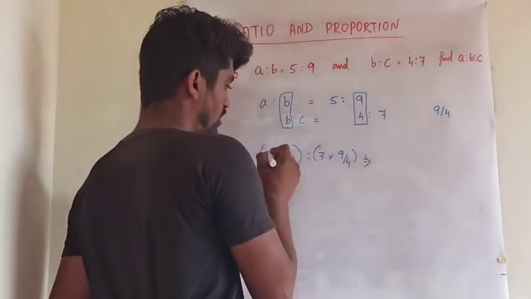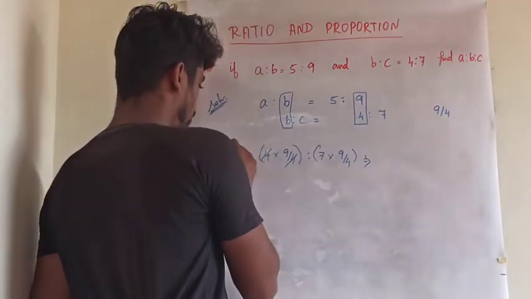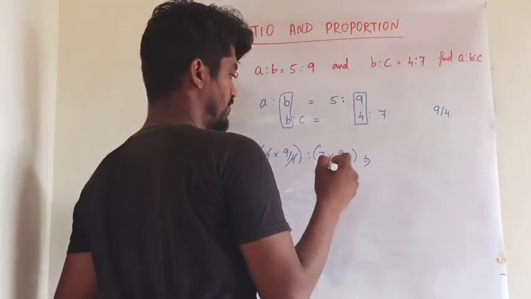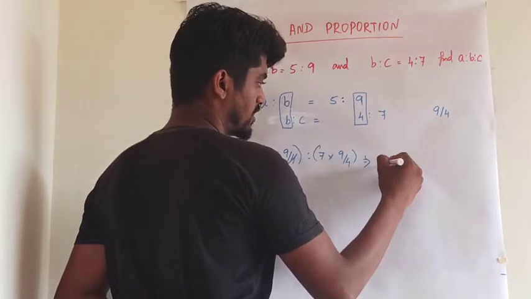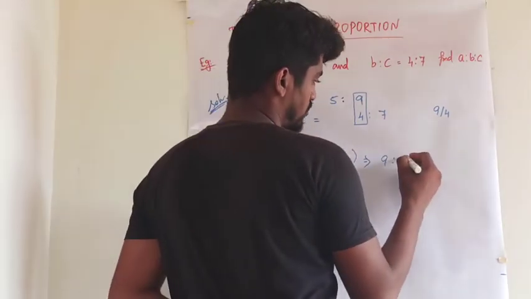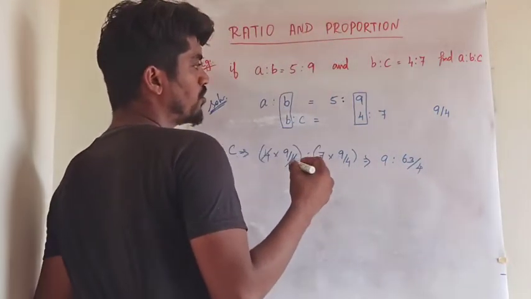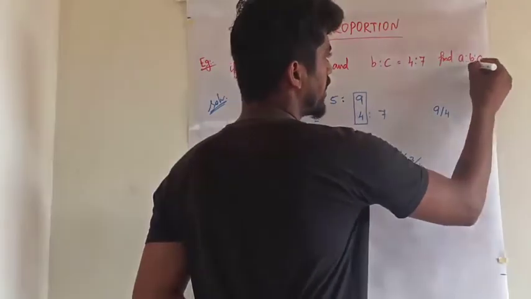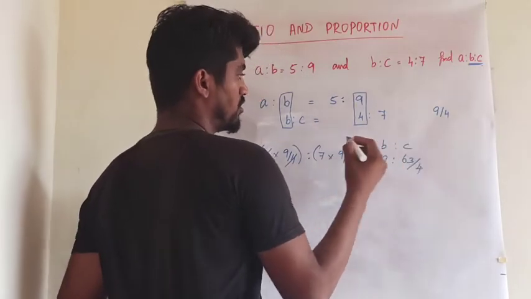Here 4 and 4 get cancelled. So we get 9 is to 63 divided by 4. Now we have found the B is to C value in the A is to B is to C ratio.